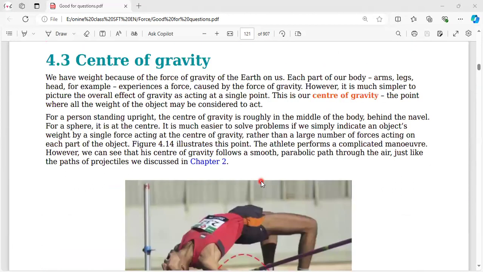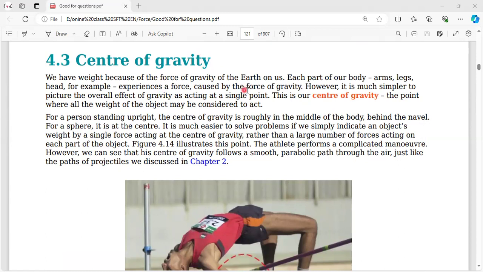Now, for today's lesson, we'll start with the center of gravity, why it is important, right? Since we have a weight, because of the force of gravity of the earth on us, each part of our body, whether it is an arm or leg or head, all of them experience a force caused by gravity.